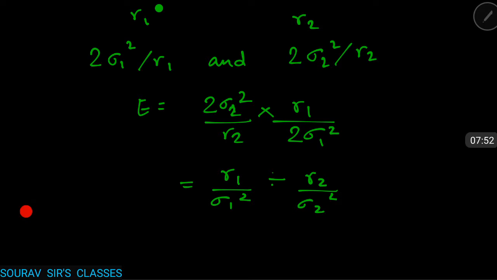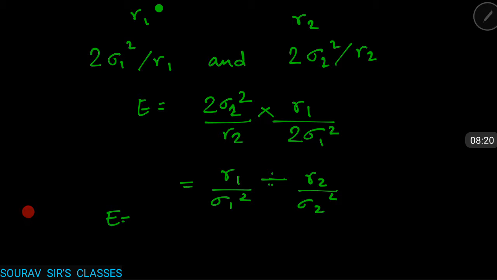In other words, efficiency of D1 with respect to D2 may be defined as the ratio of the precisions of D1 and D2, and the ratio E is, I repeat again, 2 sigma 2 square by R2 divided by 2 sigma 1 square by R1, which is equal to R1 by sigma 1 square divided by R2 by sigma 2 square.